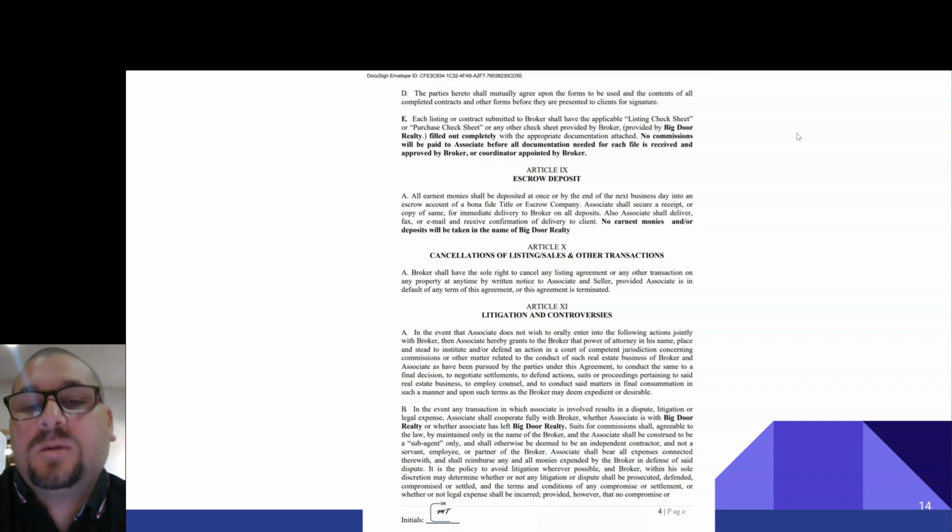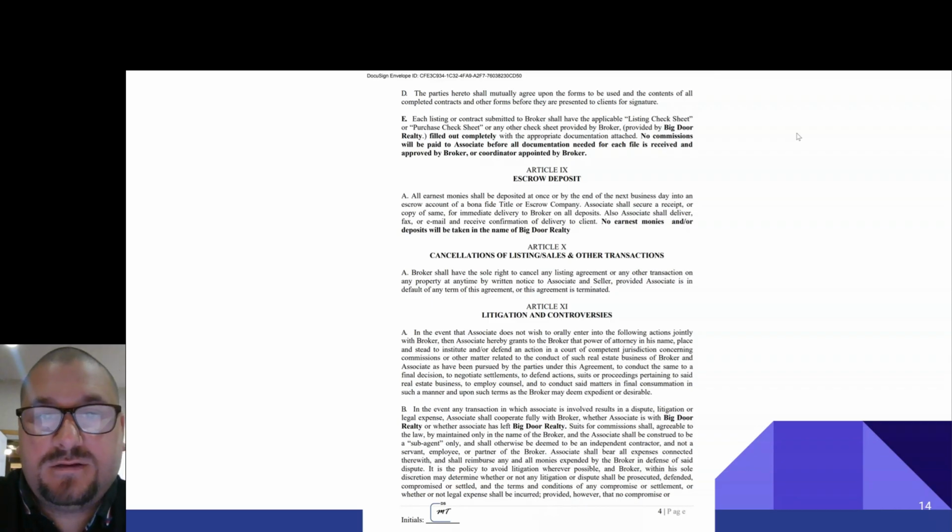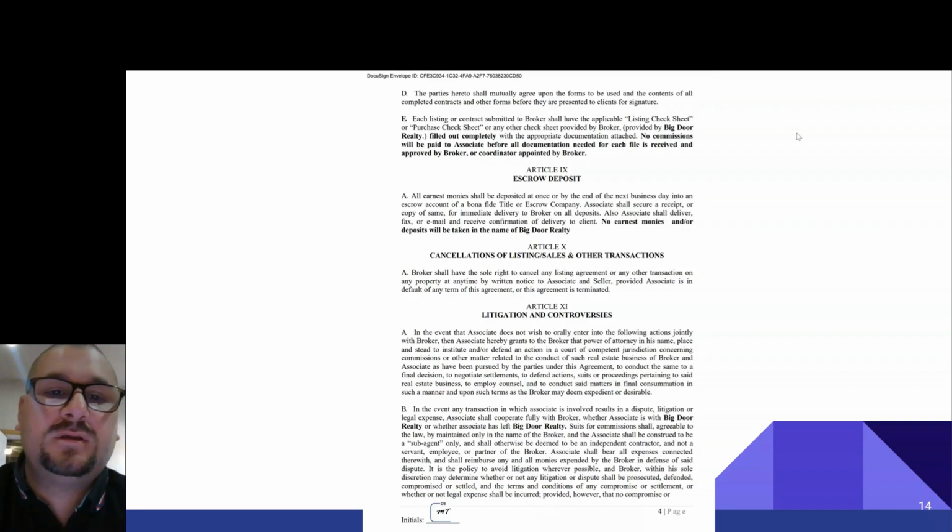So again, broker shall have the right, in their sole discretion, to cancel any listing agreement or any other transaction on any property at any time by written notice to associate and seller. So you're the sales agent, you have a listing, and your broker cancels. Can they do it? Yes, they can, unilaterally.